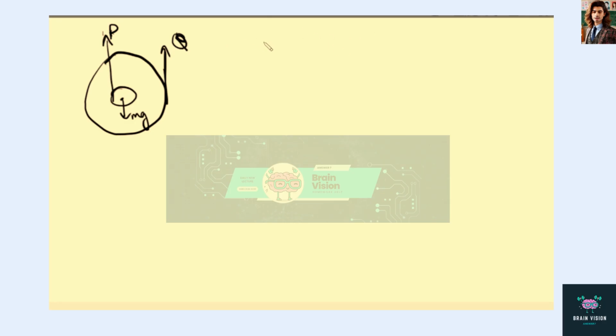So let's do our impulse momentum theorem. Let's analyze our impulse. Well, first let's list our givens. We have RC equal to 0.150 meters, RB equal to 0.080 meters, and our centroidal radius of gyration is 0.100 meters.